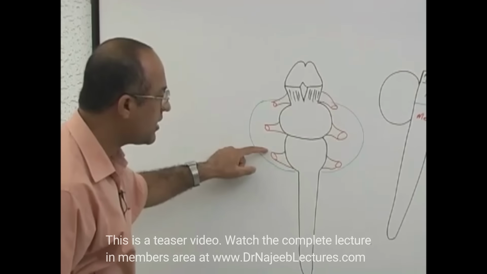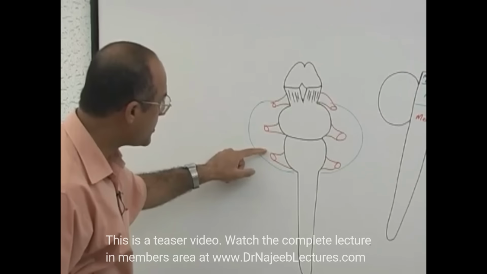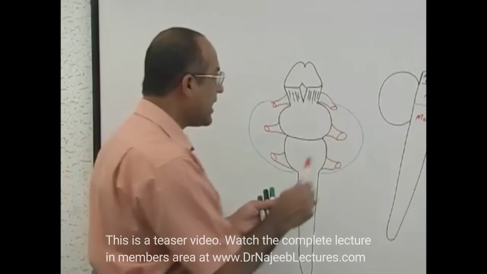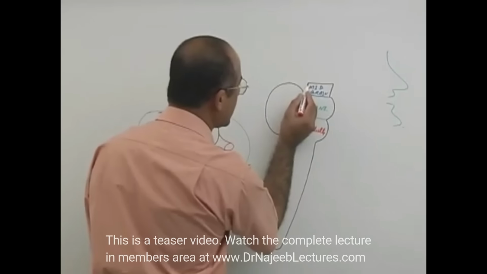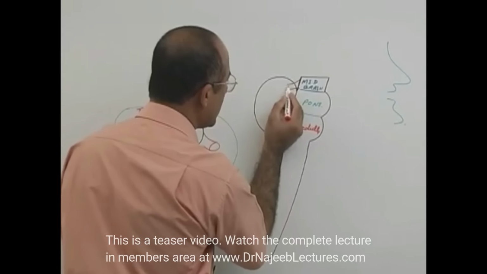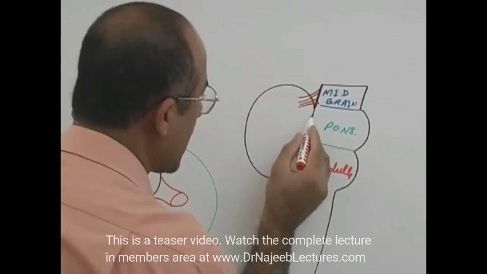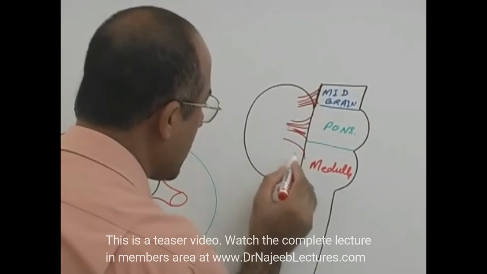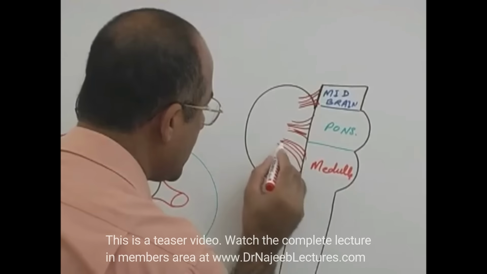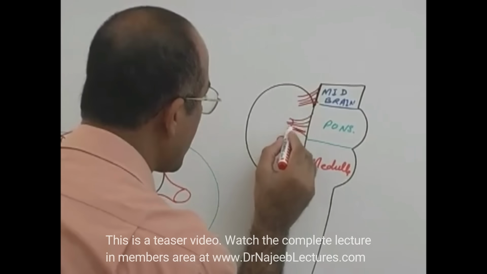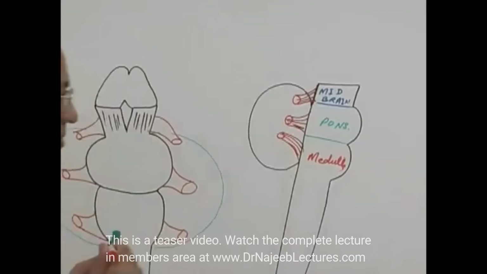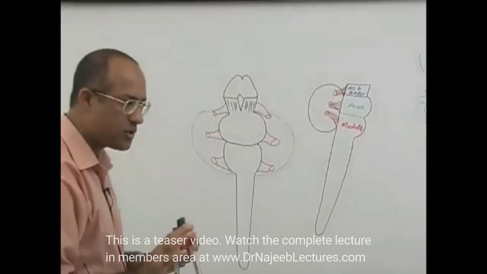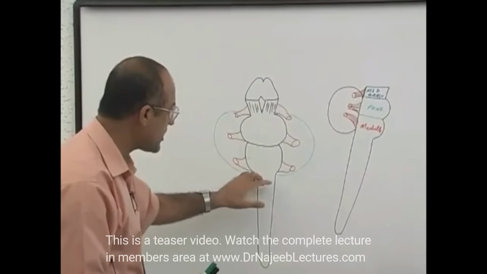The inferior peduncle connects the medulla with the cerebellum. In that diagram, it can be shown like this: superior peduncle, middle peduncle, and inferior peduncle. Am I clear?